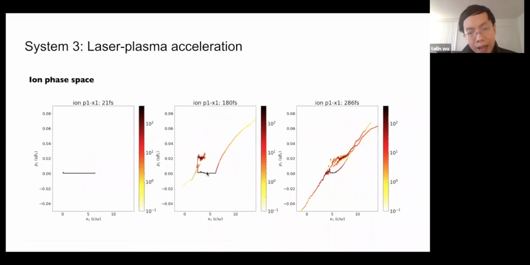And also this is the ion, and we see that the ion is much different from the electron, in which some ions are accelerated positively, and then some ions are accelerated negatively here. And then in the end, like this.